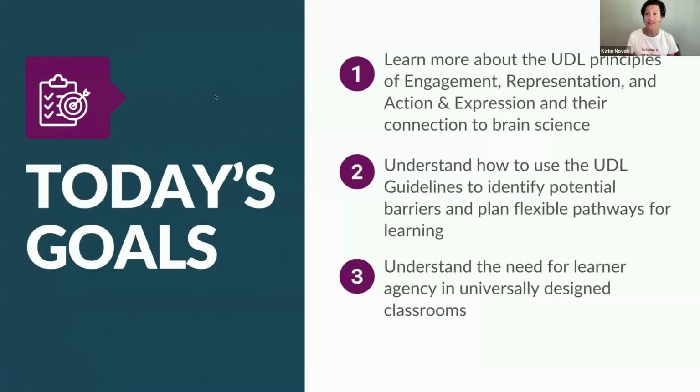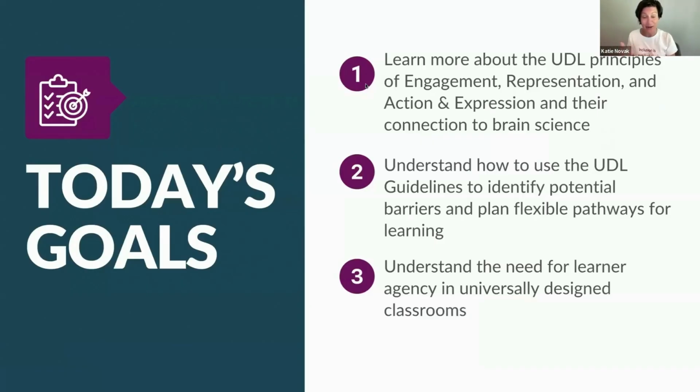And our goals for the session are, first of all, to really understand what we mean by the UDL principles. I'm going to get into the science behind universal design for learning and what we mean by the principles. And then we're going to talk about how we use the UDL principles and guidelines to identify and eliminate barriers that prevent students from learning.